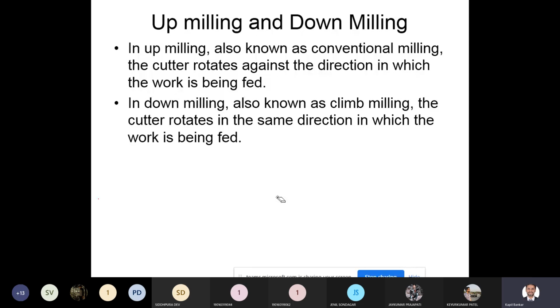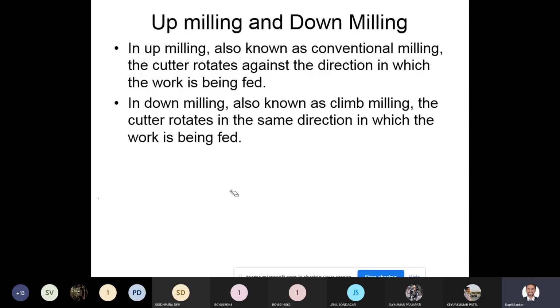So in down milling, also known as climb milling, the cutter rotates in the same direction in which the work is being fed. Both the workpiece and cutter will move in the same direction. The cutter will rotate in this direction, as well as your workpiece will move in this direction. So in down milling, keep in mind the directions of the cutter and the workpiece are the same.